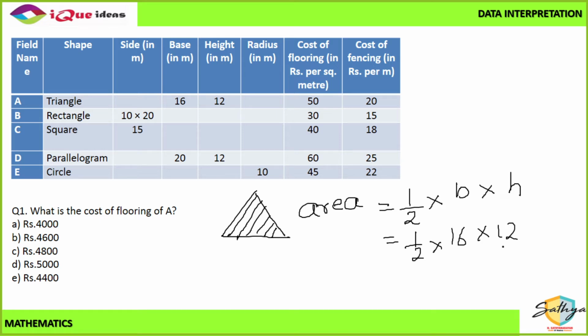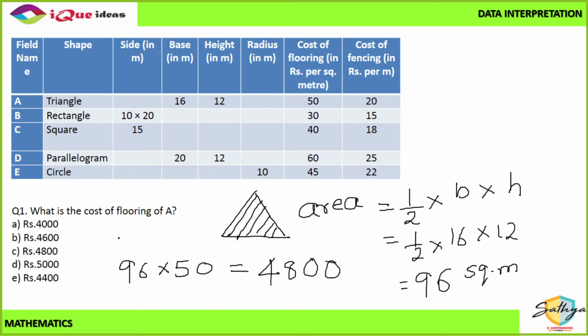I get 96. So area is 96 square meters. Now the cost of flooring is 50 per square meter. So 96 multiplied by 50 will give me my total cost. So 96 multiplied by 50 gives me my total cost as 4,800, which is option C. So my answer is 4,800, which is option C.